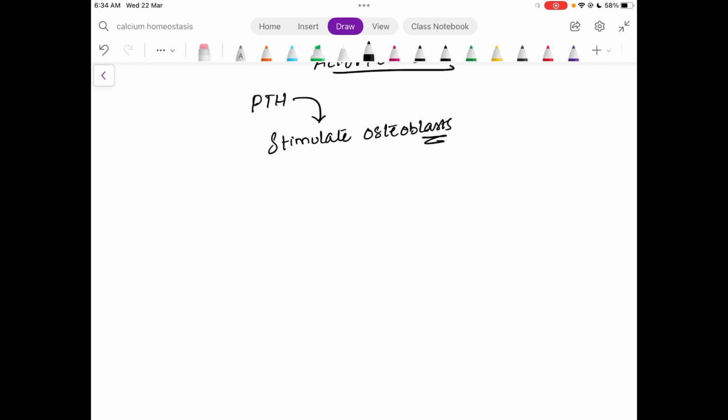And this action on osteoblasts will increase the expression of RANKL.